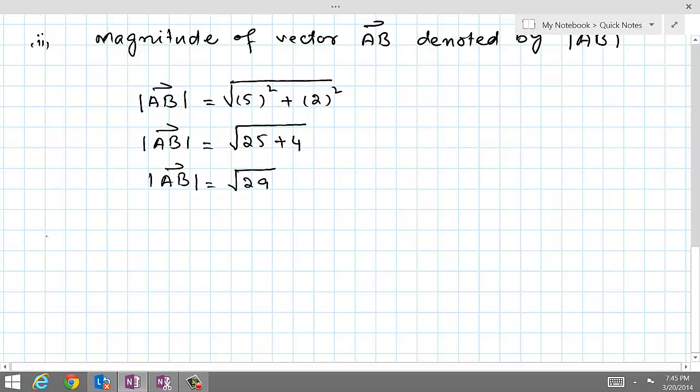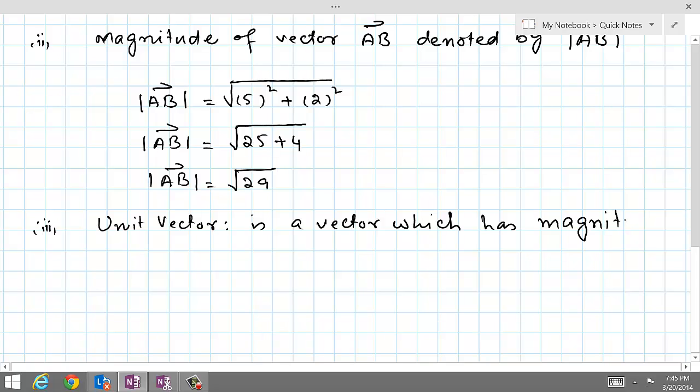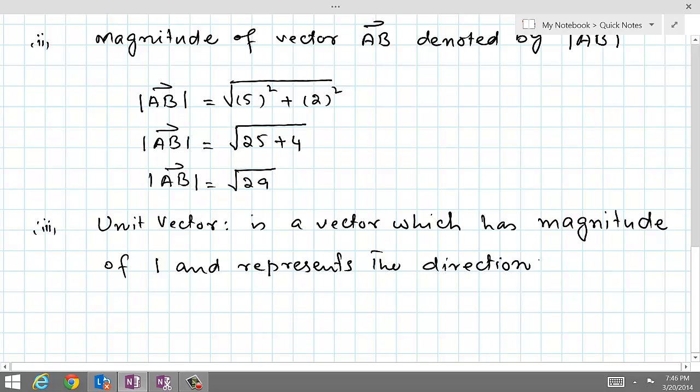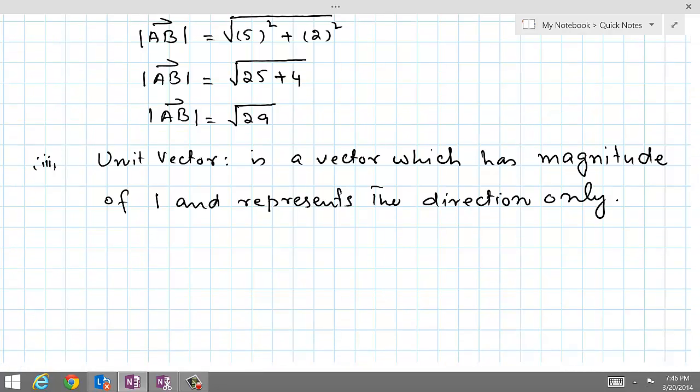So a unit vector is a vector which has magnitude of 1 and represents the direction only.